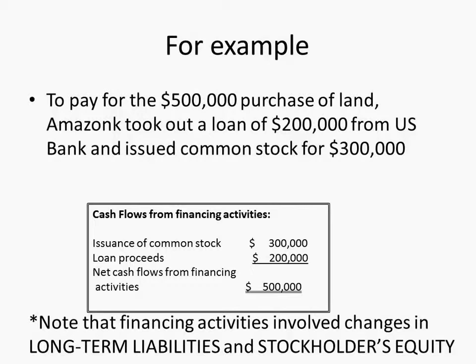Investing and financing, yeah. If I'm looking at whether this company is able to continue to exist as a profitable business, you're looking more at the operating section. So depending upon what you want to know will impact which section of the statement of cash flows you're more interested in looking at. Okay.